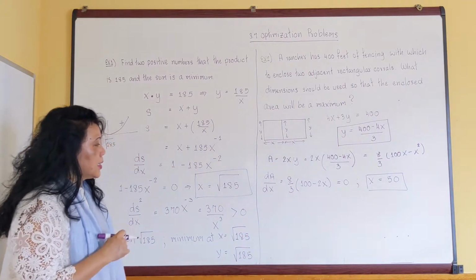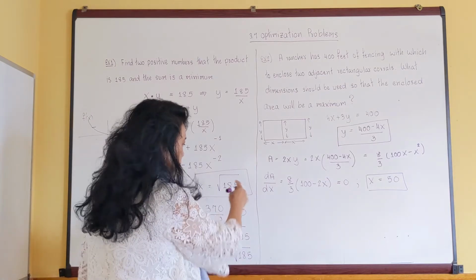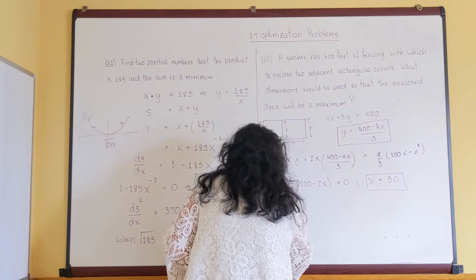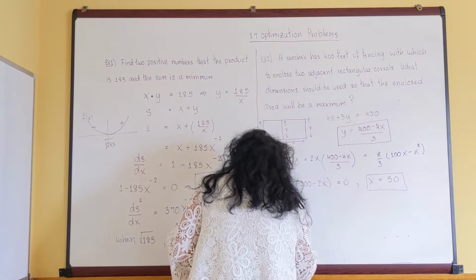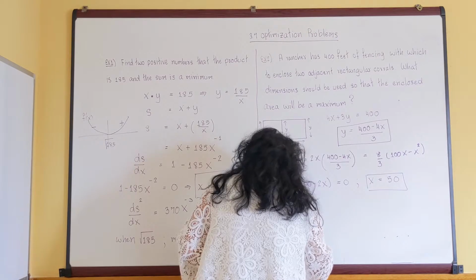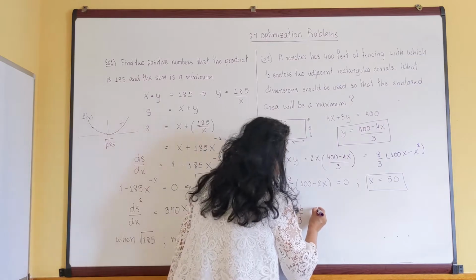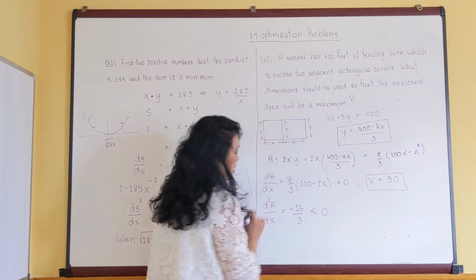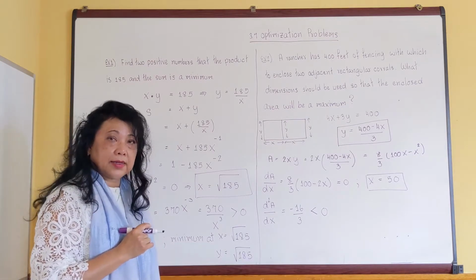Next, I'm going to take the second derivative of the function. So I'm going to have negative 16 over 3, which is always less than 0 because we don't have a variable here. So this is a relative max.